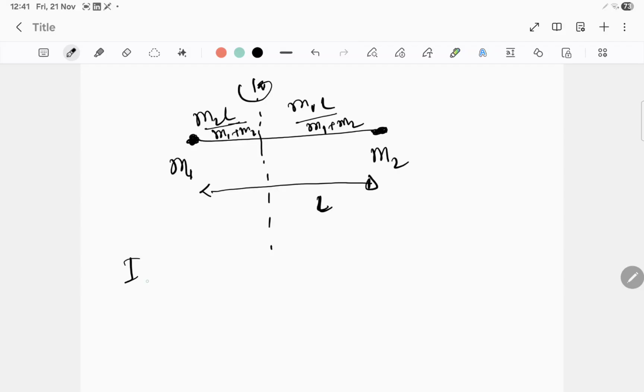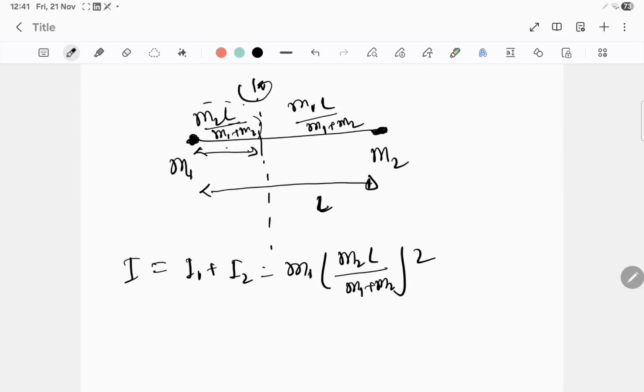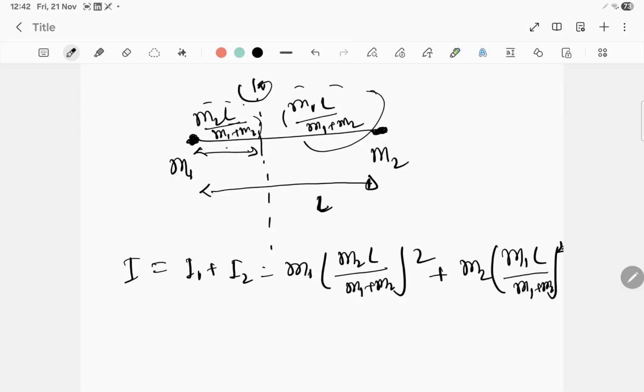So I net will be I1 plus I2, and this I1 will be m1 into this distance, and this distance is m2 L upon m1 plus m2, whole square, plus m2 into m1 L upon m1 plus m2, whole square.